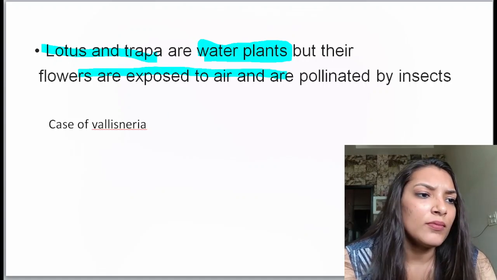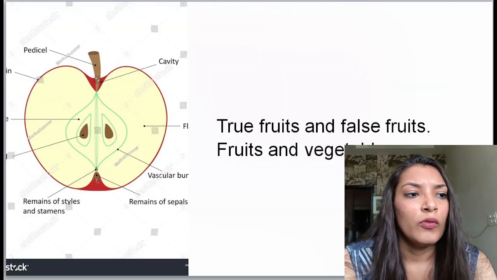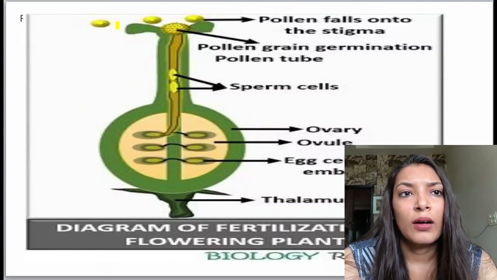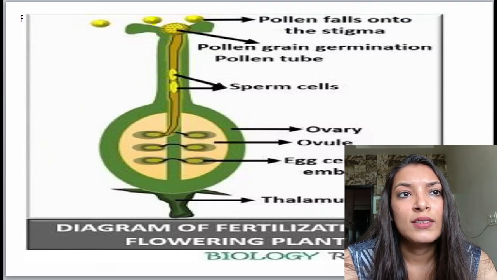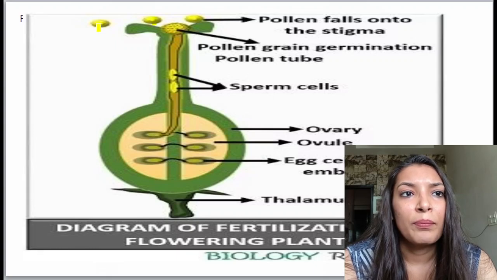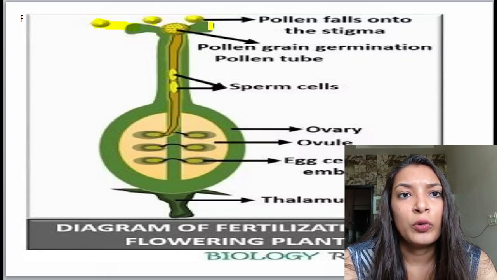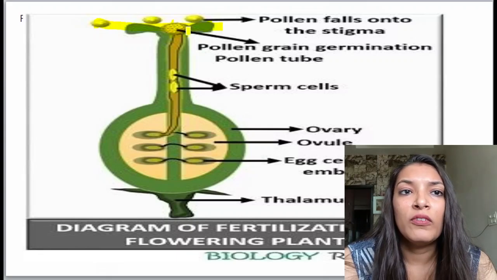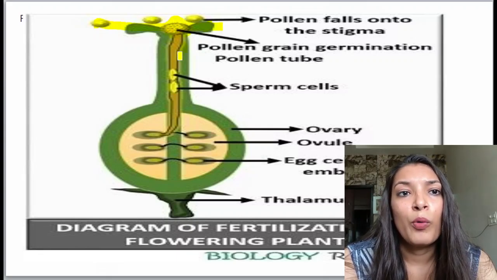All right. So here we'll discuss fertilization in brief. The pollens come and land onto the stigma. As soon as they land on the stigma, the pollen starts developing a pollen tube.